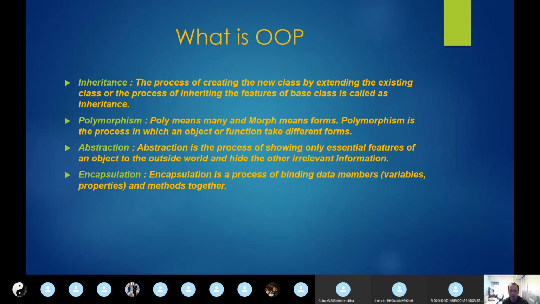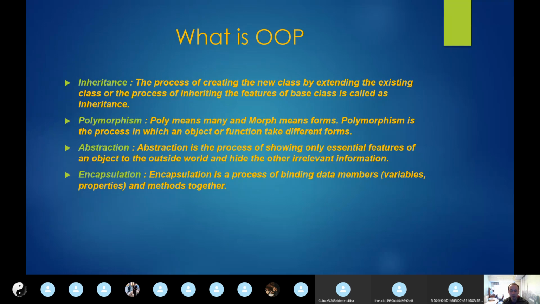In polymorphism, we have different forms, and these different forms are realized, for example, when methods have the same name but different functionality. So depending on the input parameters, one or another method is used, and it is defined by the number or the types of the parameters it has.